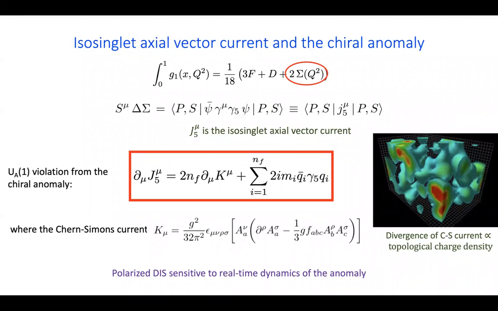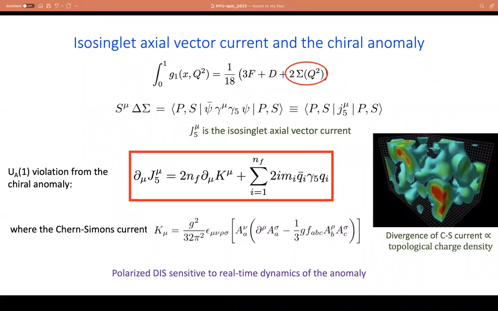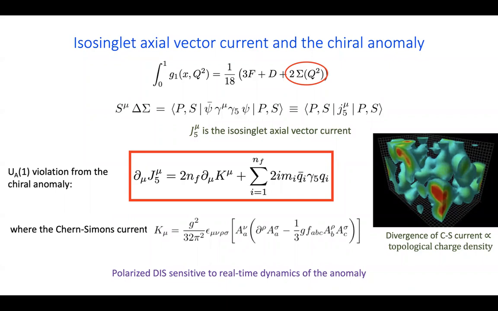So this quark helicity can be directly related to this isosinglet axial vector current. And now this is very interesting, obviously, because we know that from the anomaly, you have this anomaly equation here, where the divergence of the axial vector current can be related to 2 times the number of flavors times the divergence of the Chern-Simons current, plus a pseudoscalar contribution proportional to the quark masses.